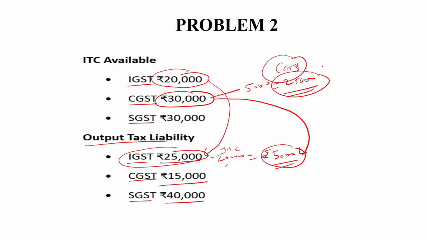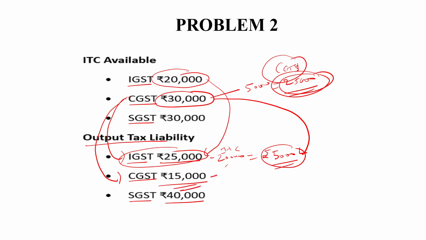As per the rules, once we set off CGST with IGST, next it can be used to set off with CGST. So we have 25,000, but the liability is only 15,000.